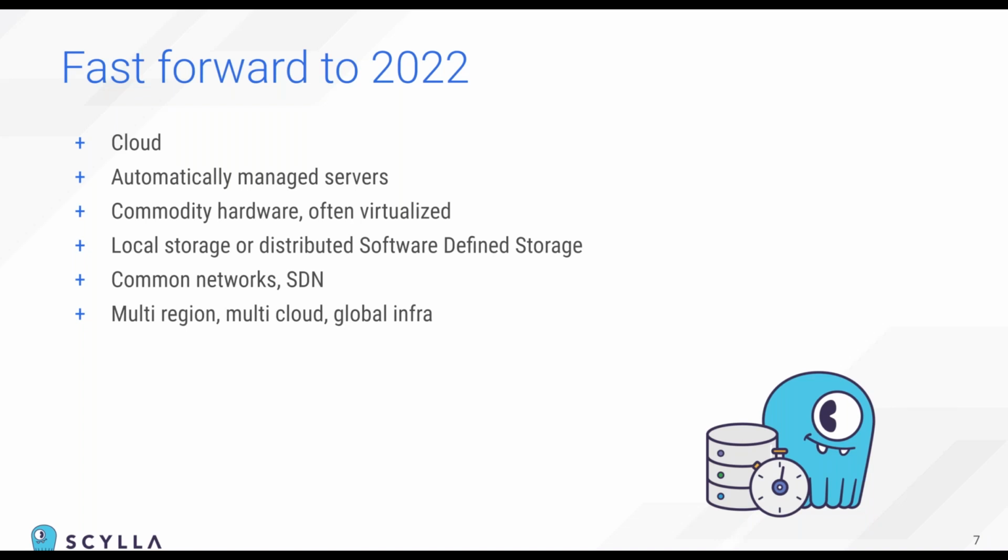The storage is also different now. It's no longer specialized storage machines. It's either a local storage attached to the servers that I'm using, or it's a distributed SDS, software-defined storage. Think about EBS, for example. It's a very large cluster of servers that Amazon are running.